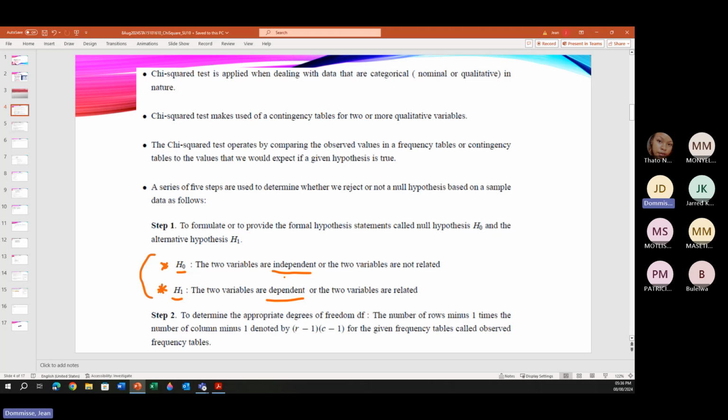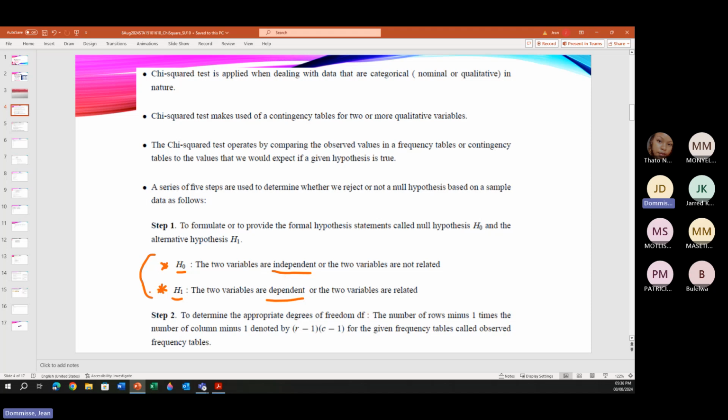And then we know that one is the incorrect one. So very important: the hypothesis is always going to look at the two variables, where the null hypothesis is looking at independence, and the alternative hypothesis is looking at dependence.